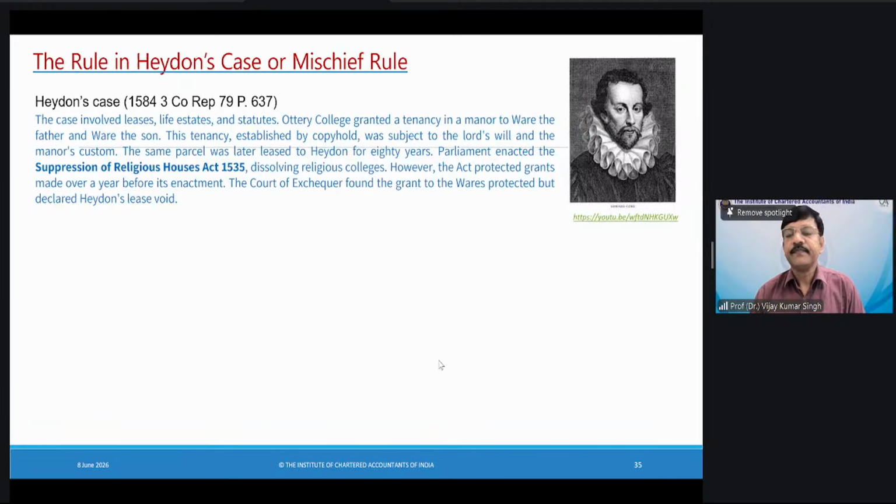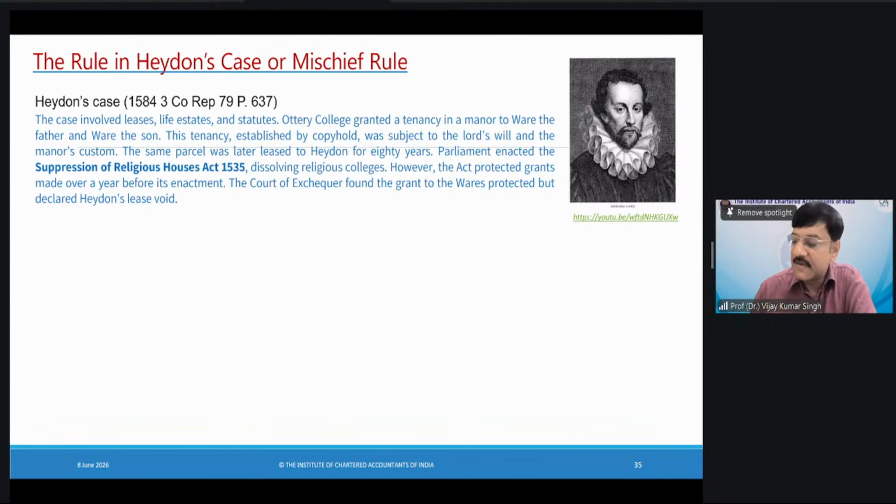Okay. So you will see whenever a law is made to solve a problem, that problem is referred to as mischief. So this particular rule basically says that whenever you have to interpret a law, you look at the situation before that law, you see the situation during the law, and whether it is curing that situation or not.